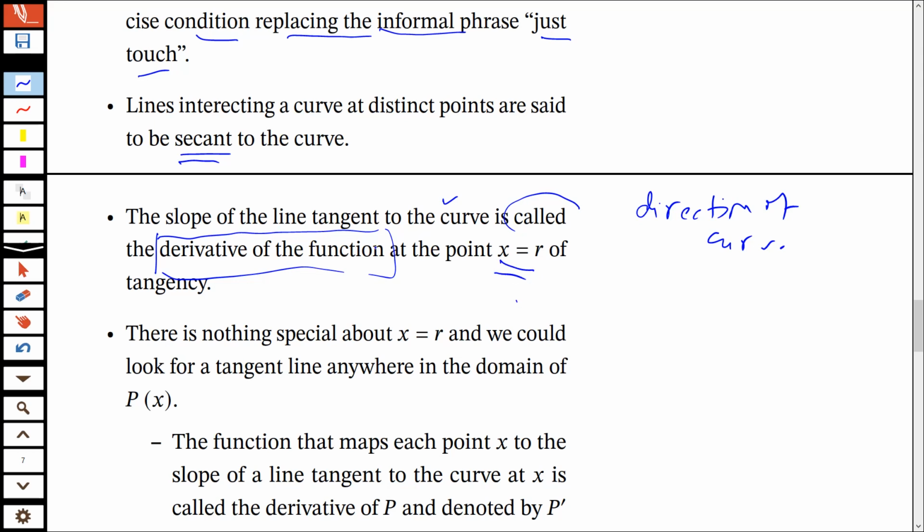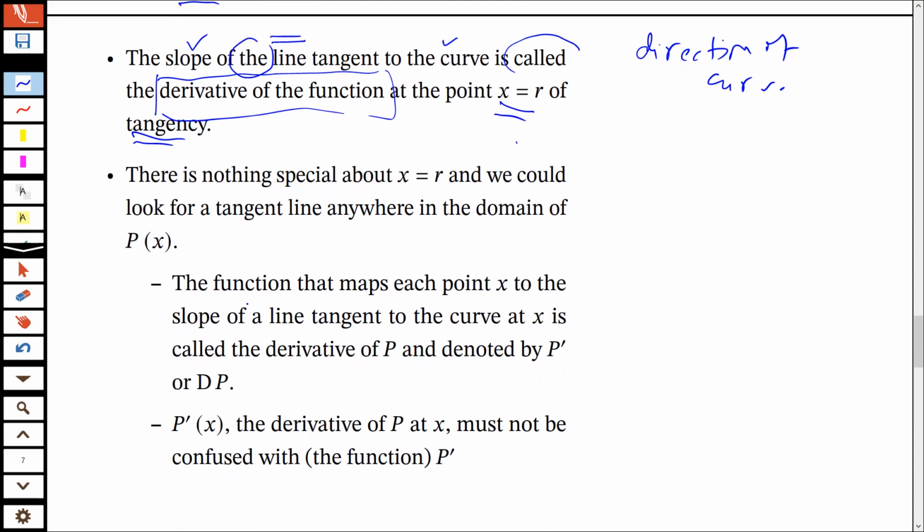What we mean by the derivative of a function at a point is the slope, not of the curve, but of the line tangent to the curve at the point of tangency, not anywhere else.